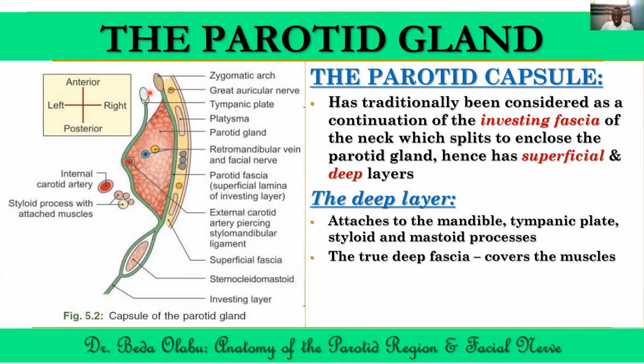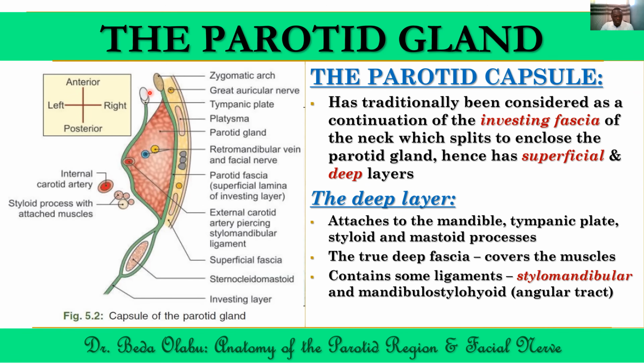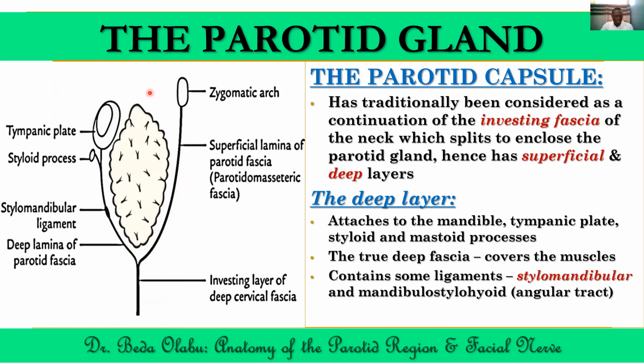It is the true fascia, and it's definitely the one that covers the muscles. It contains some ligaments within it. Two important ligaments are the stylomandibular ligament and the mandibulostylohyoid ligament. The stylomandibular ligament is considered a true ligament. However, the mandibulostylohyoid ligament is considered just part of the thickening of the deep layer.